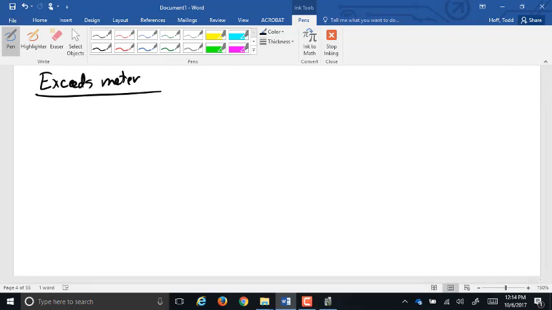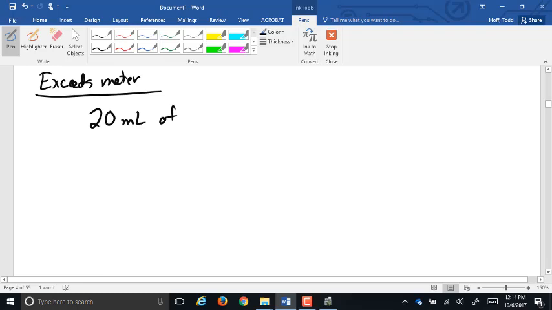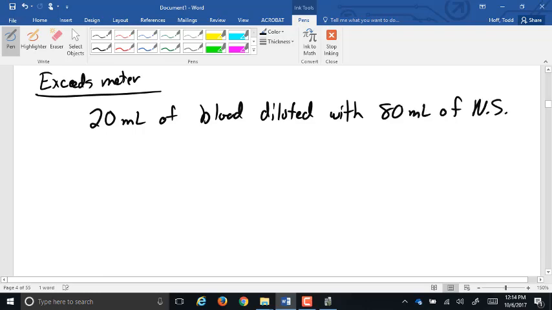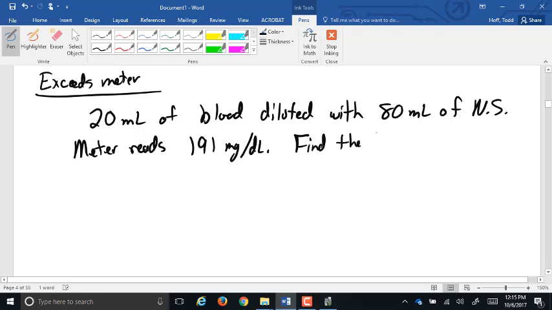So we are going to have 20 milliliters of blood diluted with 80 milliliters of normal saline. The meter reads 191 milligrams per deciliter. Find the true reading.